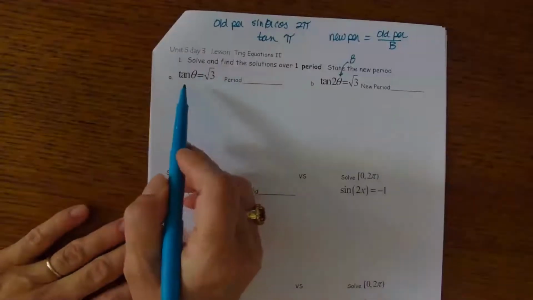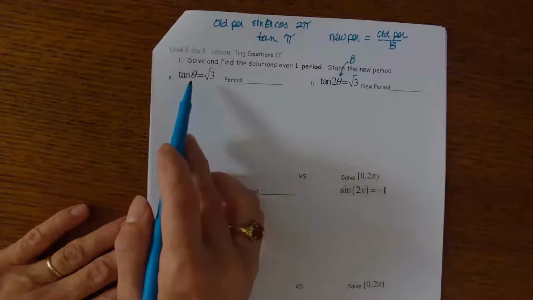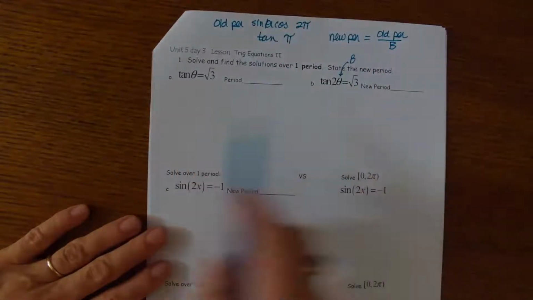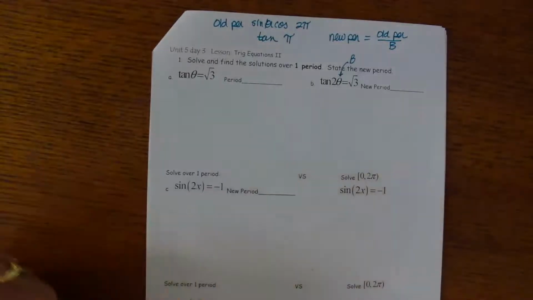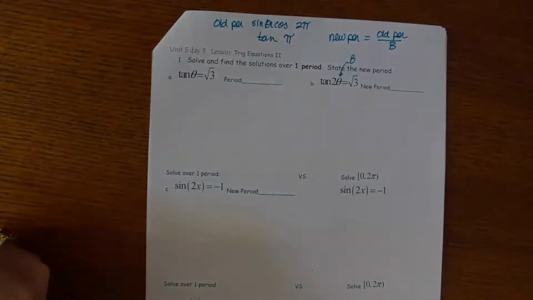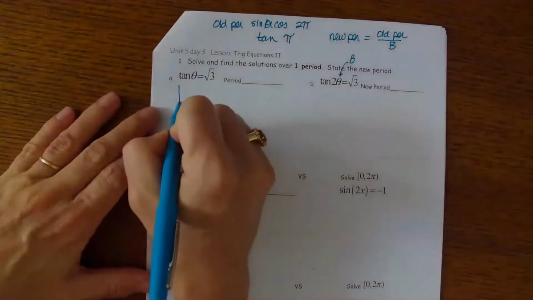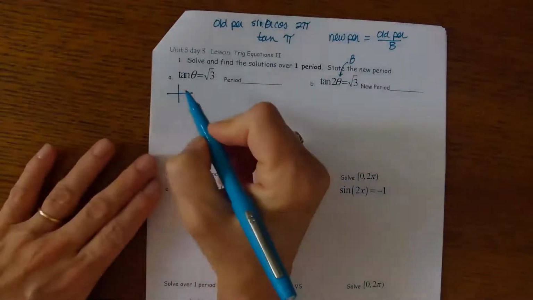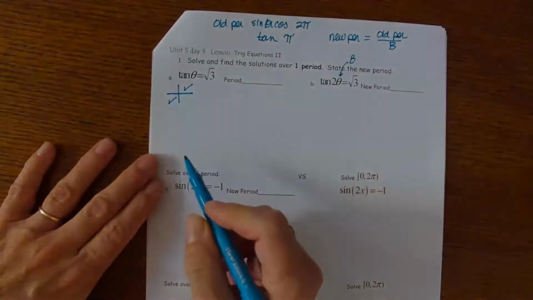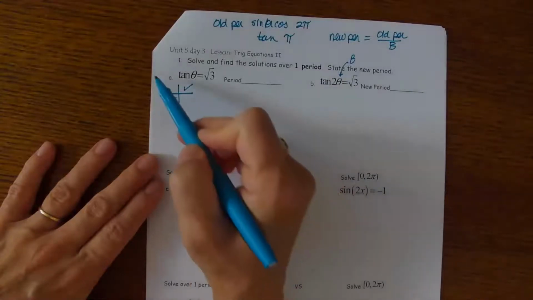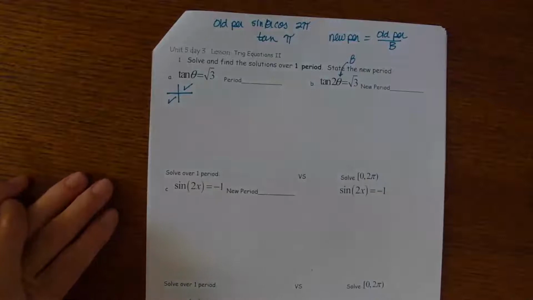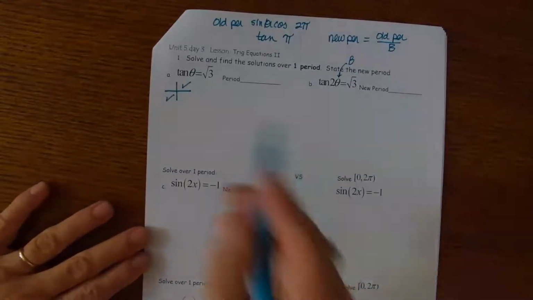So what we want to do is yesterday's work right here, and we're going to compare it to something we're learning today so we can see the difference, okay? So tangent theta equals the square root of 3. Well, we're going to follow our system and choose the location of where it lives first. Where is tangent positive? Because it's slope, it's positive this way, negative that way. I really want you to tie tangent to slope. Okay?